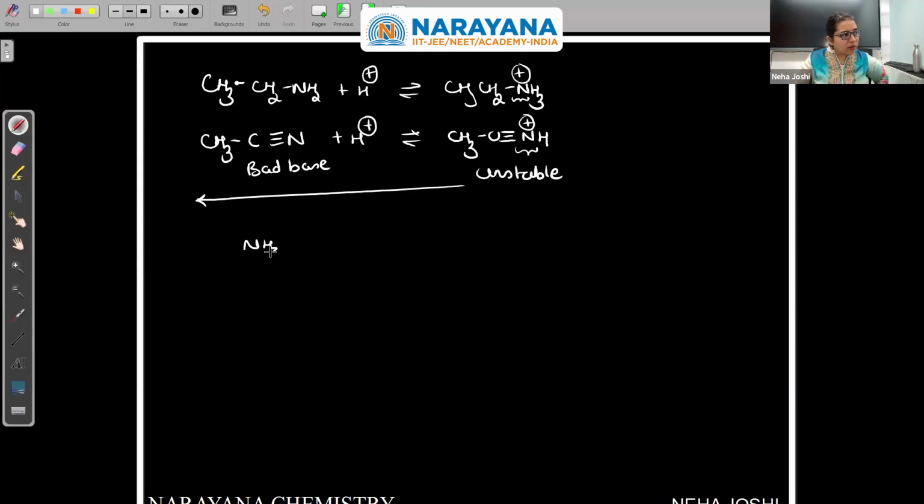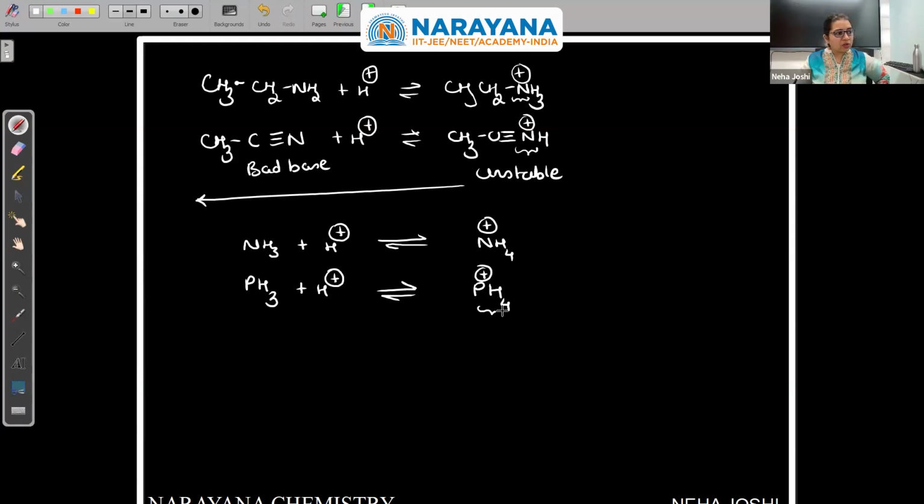Now, when I talk of ammonia and say phosphine, here the story is a little different, by the same logic of course. I have NH4 plus, but here I have PH4 plus. Now the phosphorus-hydrogen bond being weaker, this goes backward. This bond dissociation energy is lesser than the nitrogen-hydrogen bond. So when this goes backward, it becomes a poorer base than ammonia.